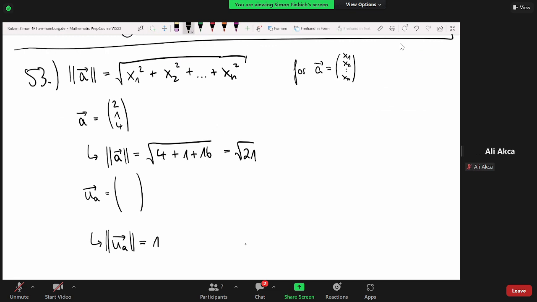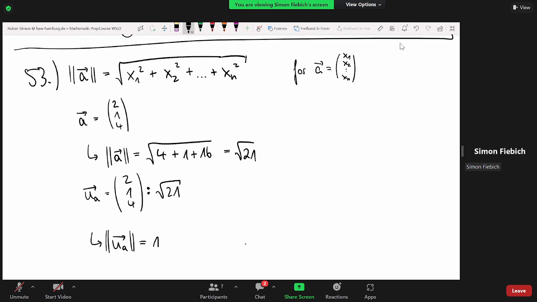So what do we have to do in order to find this vector? Multiplying with square root of 21? So you would just use the vector a, so 2, 1, 4, and multiply it by square root of 21? No, dividing. Yes, better option.